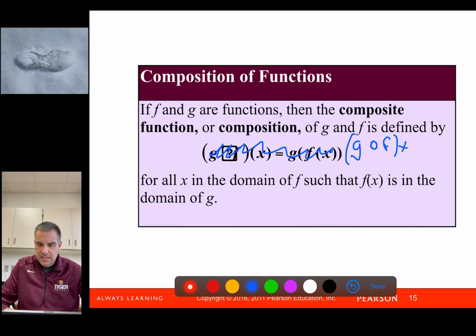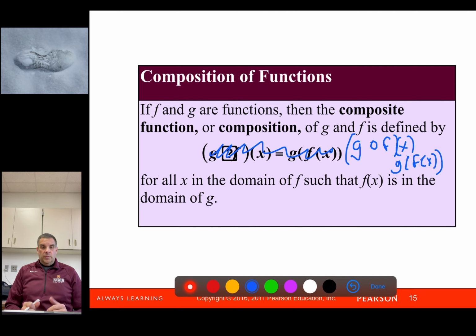And that is equal to g of f of x. And this is what we call a composite function. If f and g are functions, then the composite function or composition is defined as g of f of x.